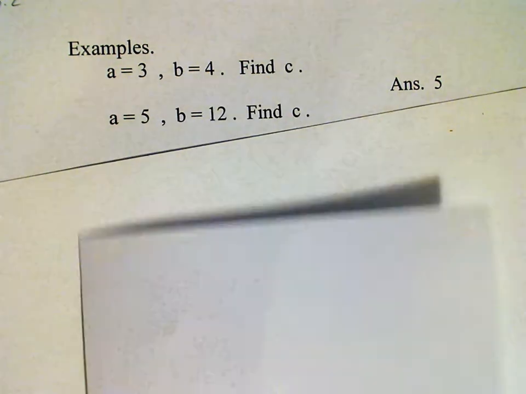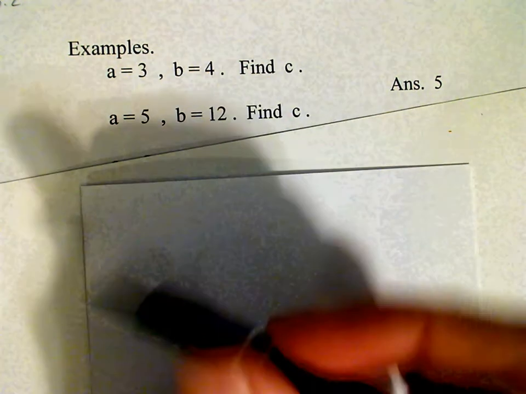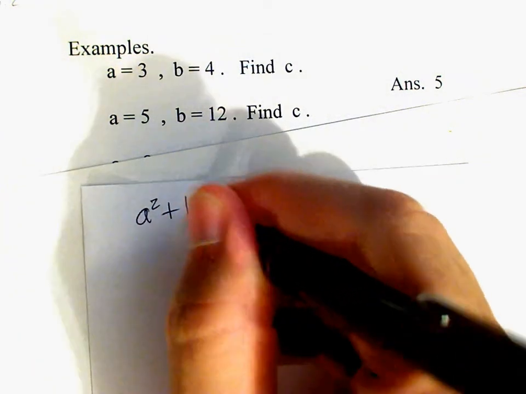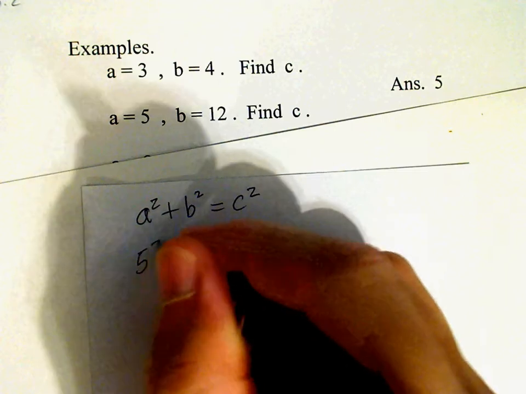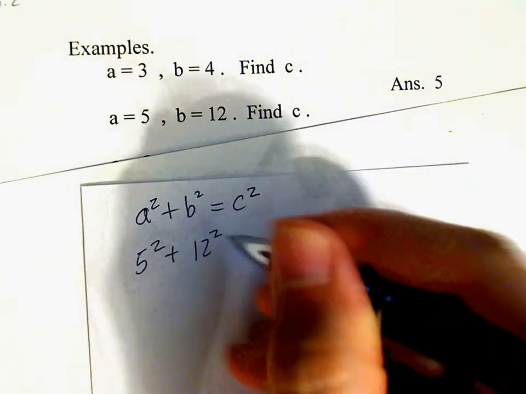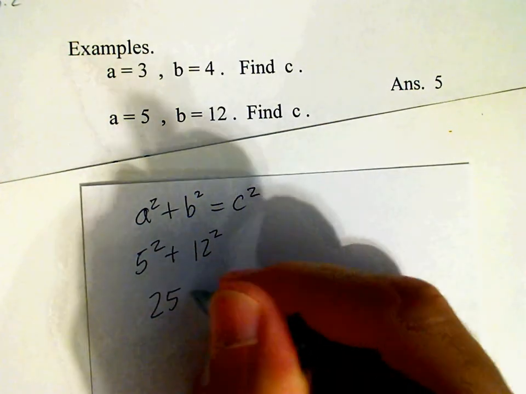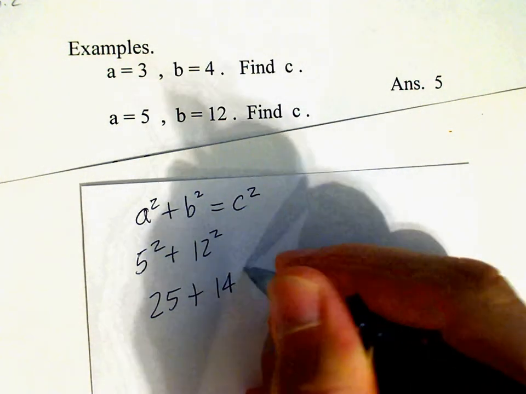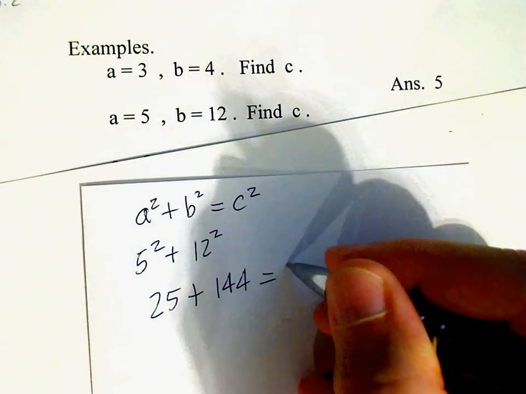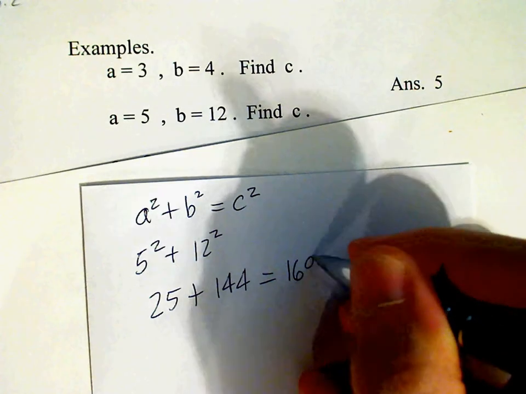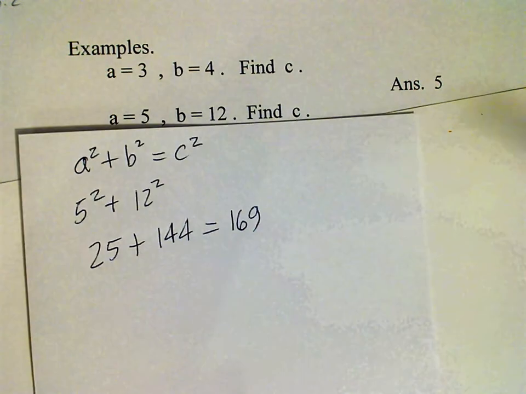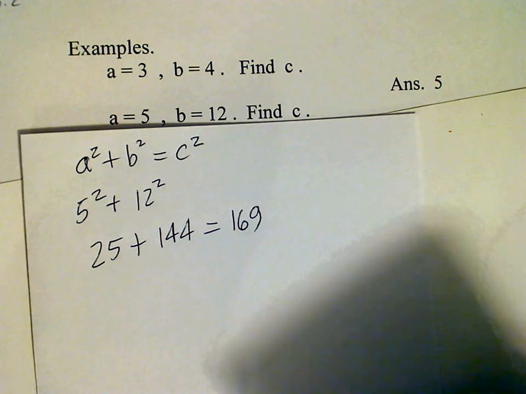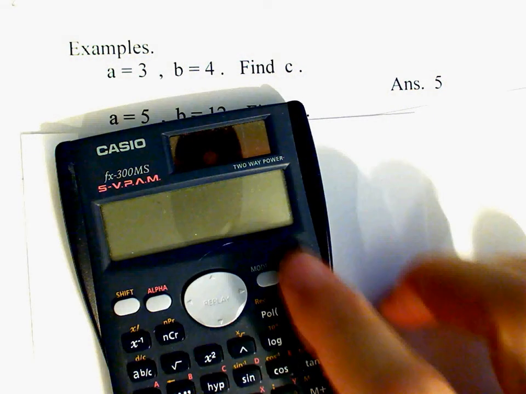Okay, next example, we have A equal to 5, B is equal to 12. This time we have 5 squared plus 12 squared. That's 25 plus 144 comes to 169. Now, possibly you may not know what the square root of 169 is, so let's do that on the calculator.